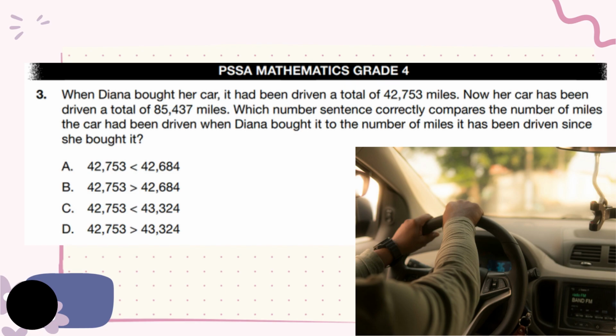Which number sentence correctly compares the number of miles the car had been driven when Diana bought it to the number of miles it has been driven since she bought it? Whenever you see this type of question, you need to read the question again and again and analyze, and figure out which number sentence correctly compares the number of miles the car had been driven.